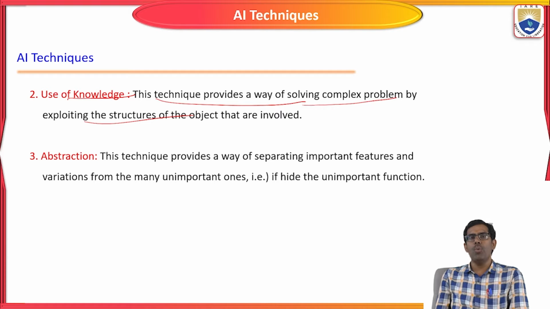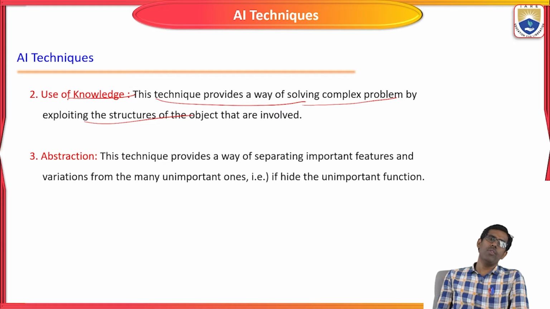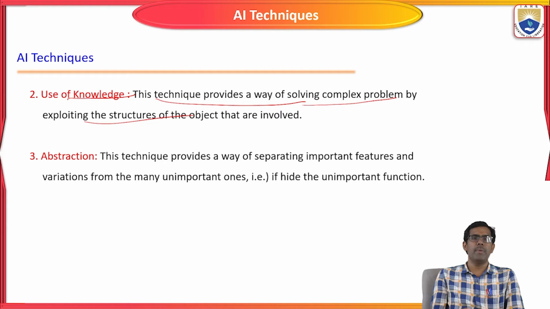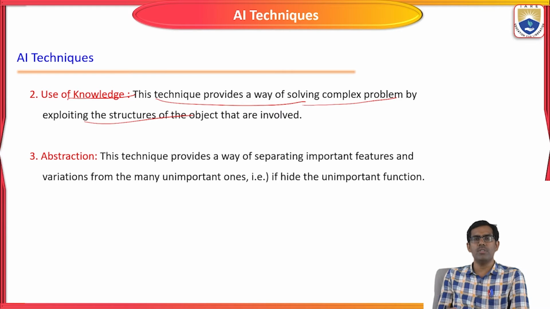Using that, we create one program code by exploiting the structure of the object. So if you want to write any problem statement in a particular language, we need to follow some structures, right? That is the use of gathered knowledge or information.